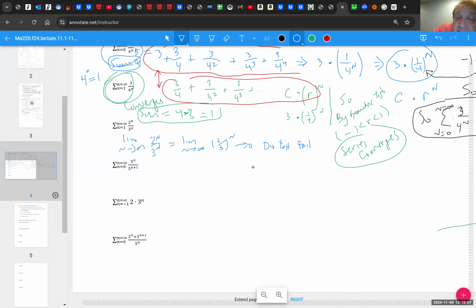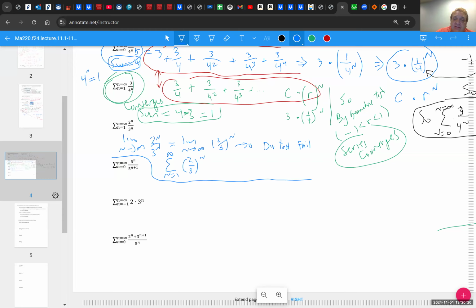So is this a geometric series? The answer is it is, yes. So we can write this series from n equals 1 to infinity as 2/3 to the n, right? Using the same algebra we did before.